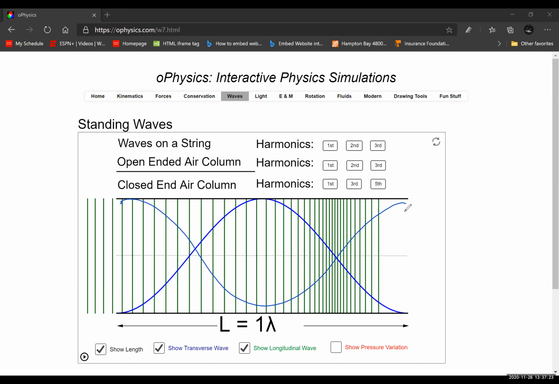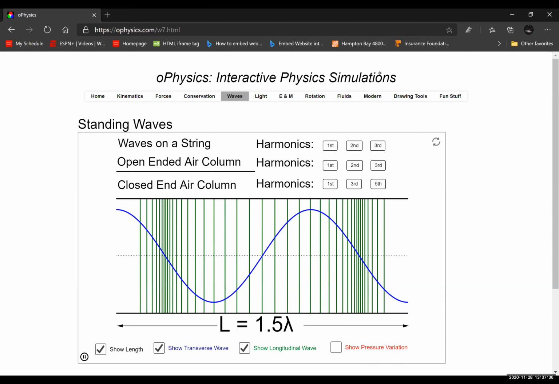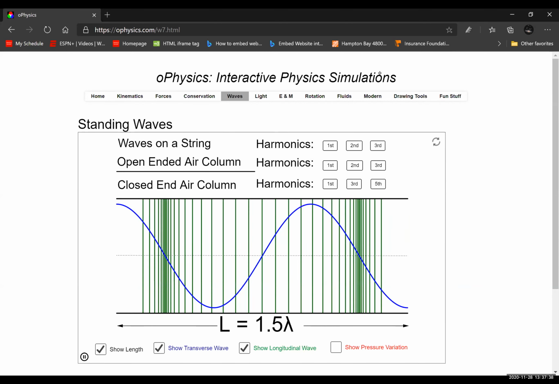Then going from here to the next one, we have one extra shape. We can actually do that too, because this allows us to go all the way to the third harmonic, and you basically get something like this.